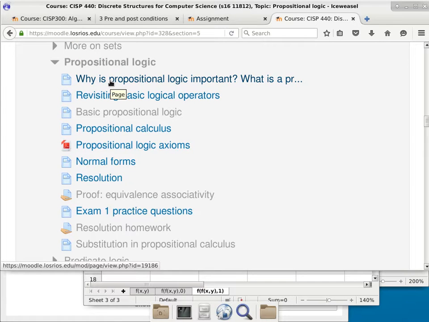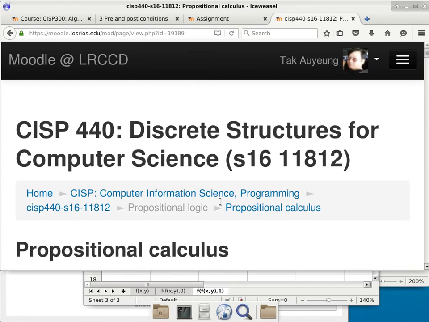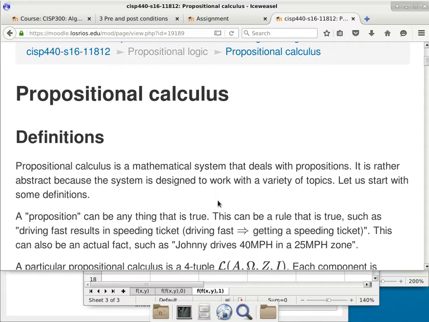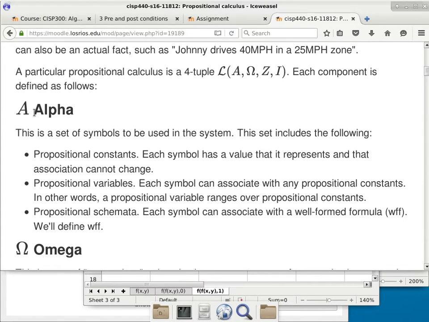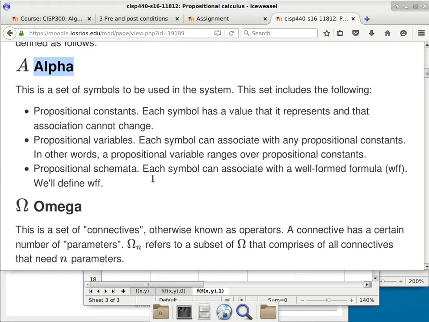We talked about the why already, and we already revisited all the basic logical operators. We added 2 more. One is implied, one is equivalent to. And now we are on to propositional calculus. I gave you a definition. Last time we talked about alpha. Alpha is a set of the alphabets, basically the most elemental elements of a propositional logic system.